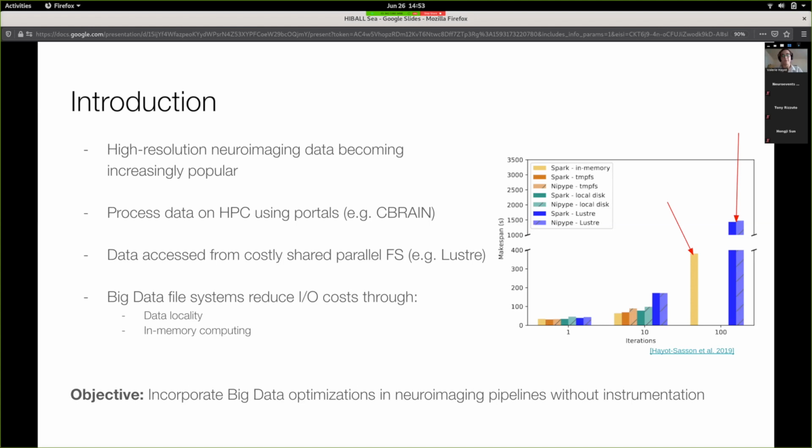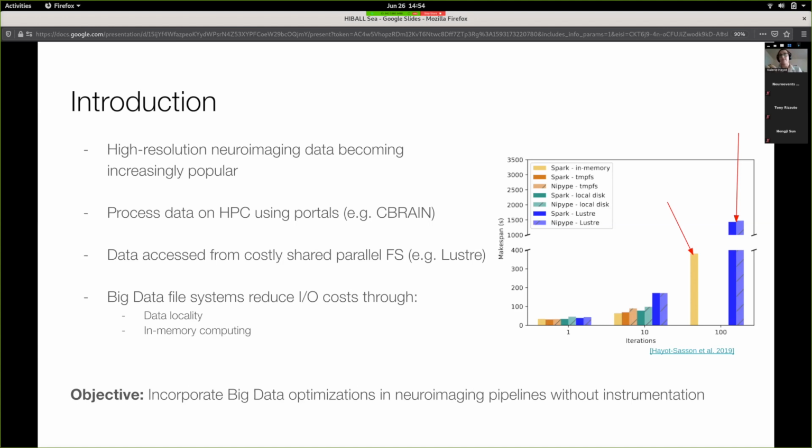So here I have one of my previous works where, in essence, I was copying BigBrain, the 40 micron one, 10 and 100 times over.